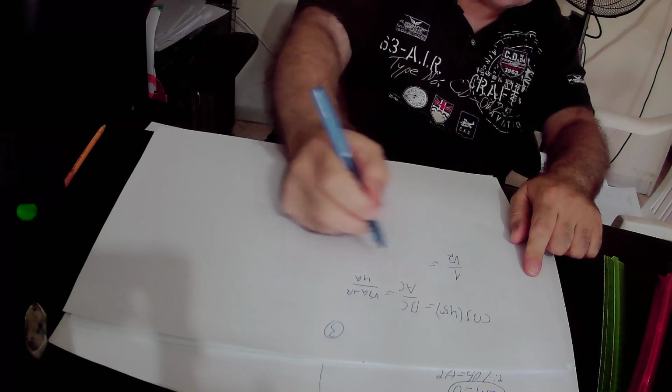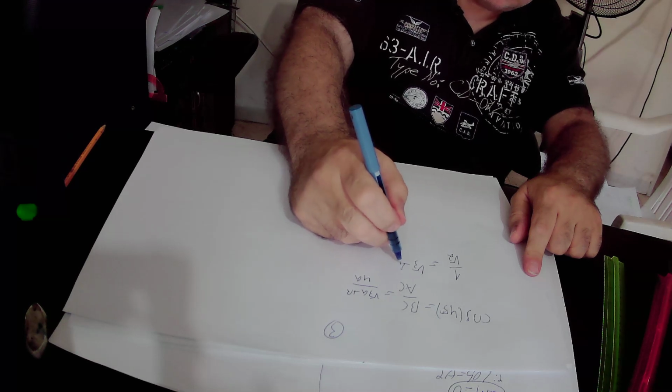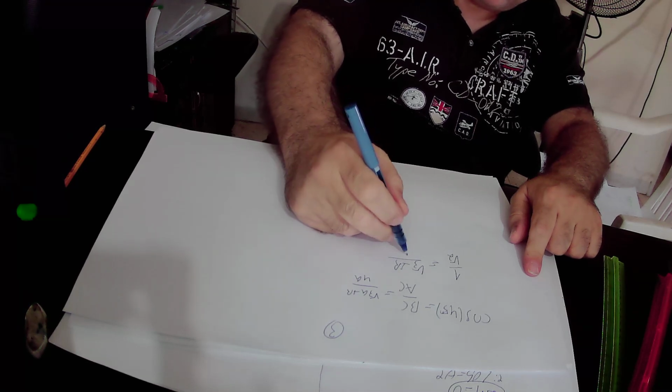So it is equal to square root of 3A plus R over 4A.